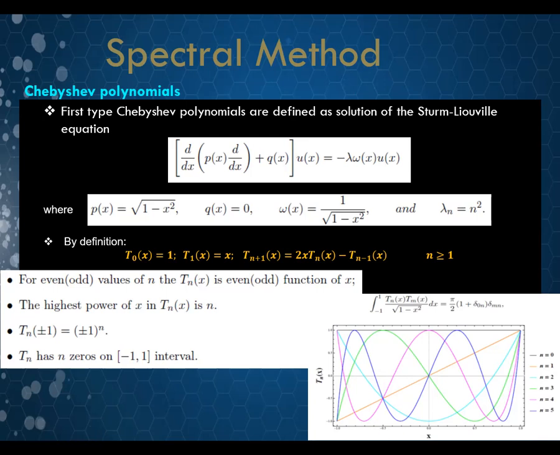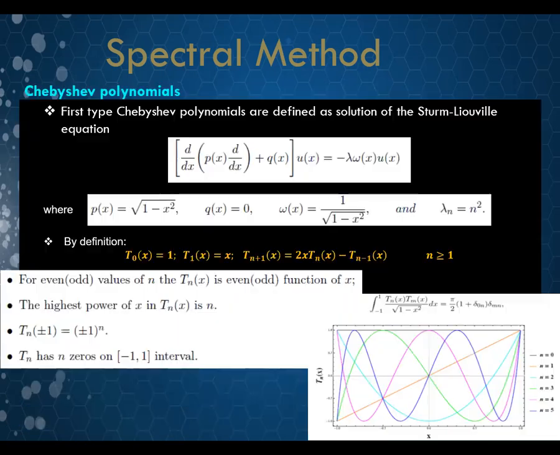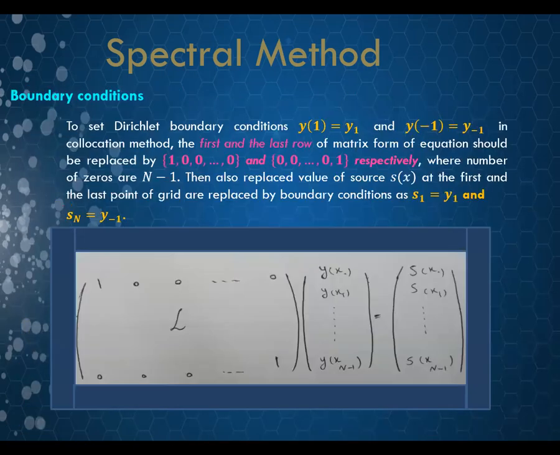The spectral method based on Chebyshev polynomials is easy to apply to any boundary conditions only by changing the first and the last row in the matrix. Here, by this change you can apply any boundary condition.